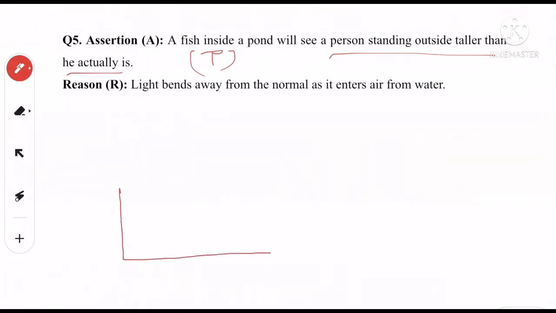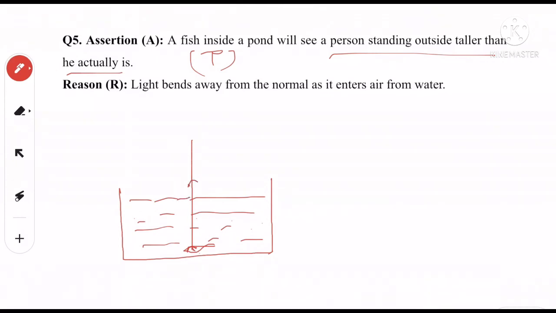We know, suppose we consider this is a pond filled with water and a fish is here. So the ray which goes straight will move as such. Another ray you can consider passing from the object meets at this point where the two media change.